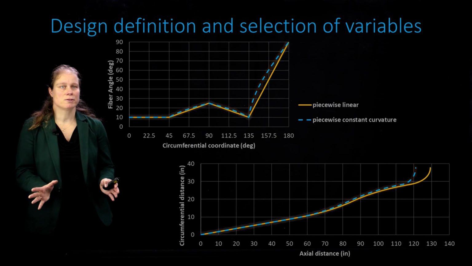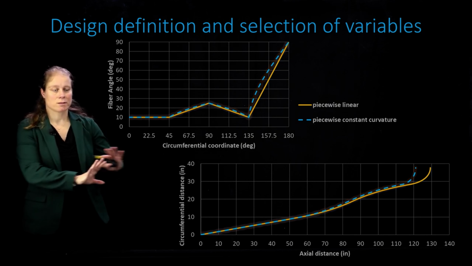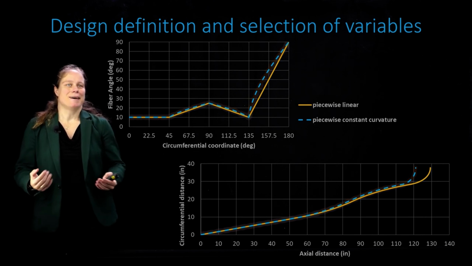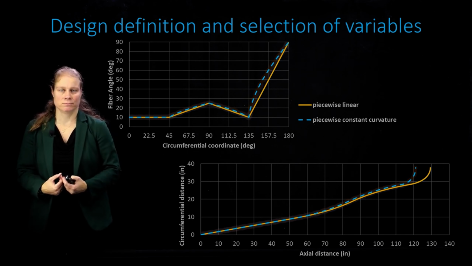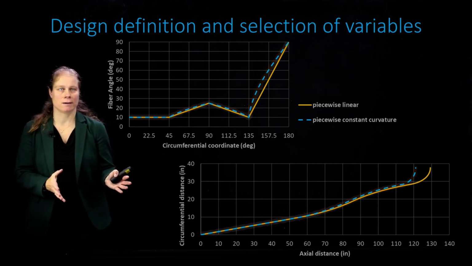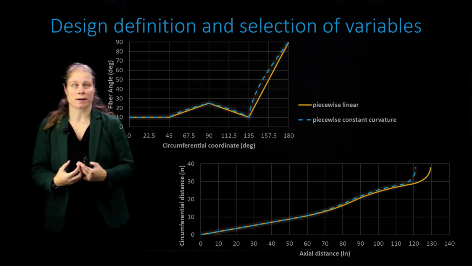Now, in terms of the actual optimization, you can give either one to the computer and the computer will figure it out. As an engineer, if I had to define my structure, I like to think in terms of fiber angles.